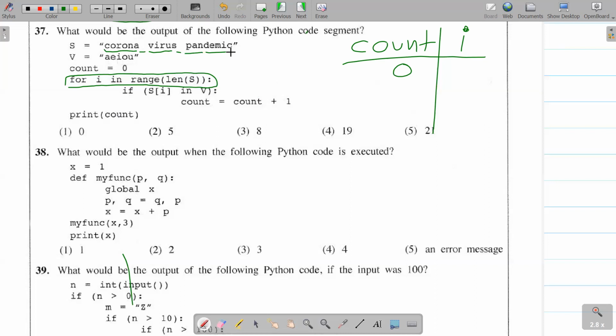Yes, 21. So this has 21 characters. Right? So len S means 21.